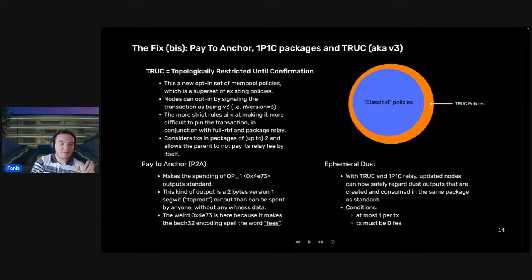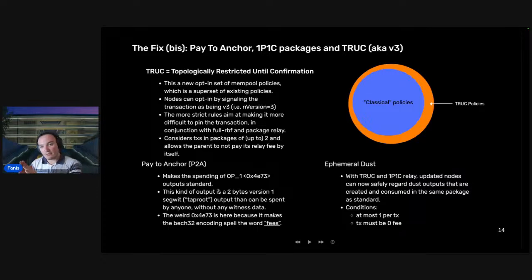Basically, when we created version 1 of Segwit, what we call Taproot, a decision was taken to say that any Taproot output that is more than 2 bytes is standard, so it can relay.